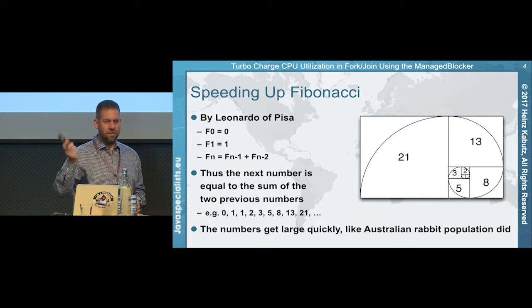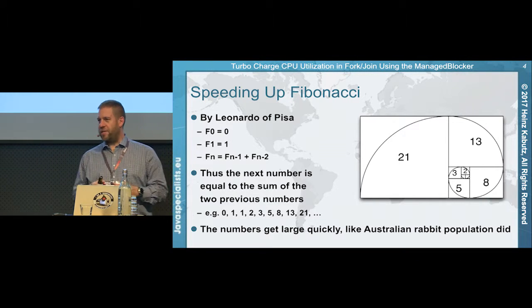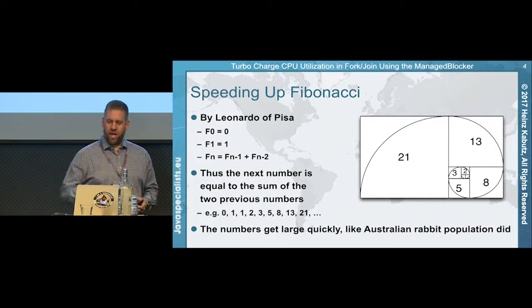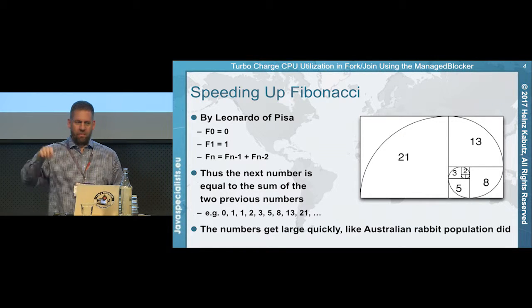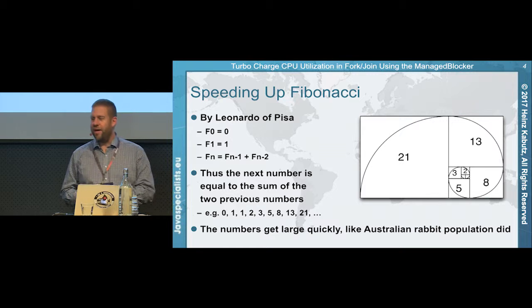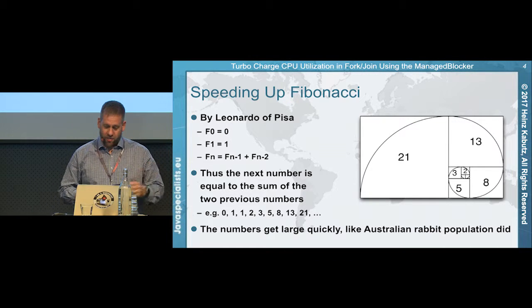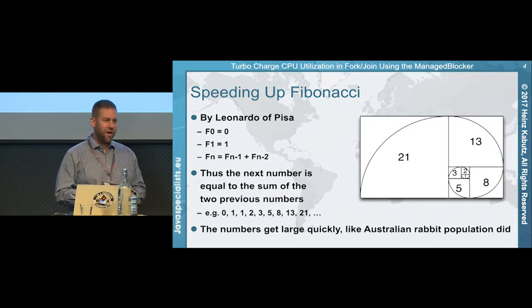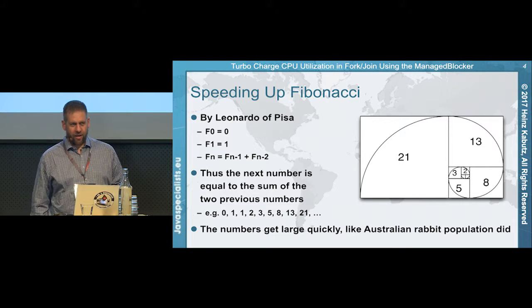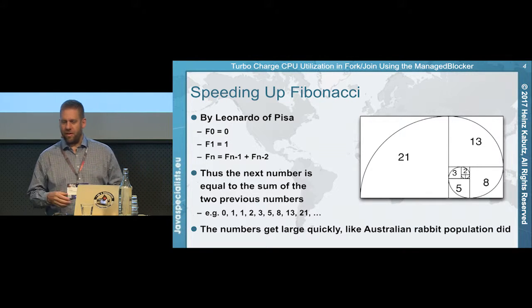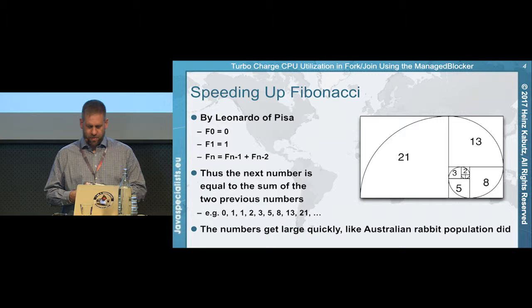You can see this picture I've got there, that actually is the series in picture diagram. It gets bigger and bigger very quickly. You can find it with the Australian rabbit population, where it just doubled and doubled and doubled, and kept on increasing in size until they had billions of rabbits, which have fortunately been reduced now.